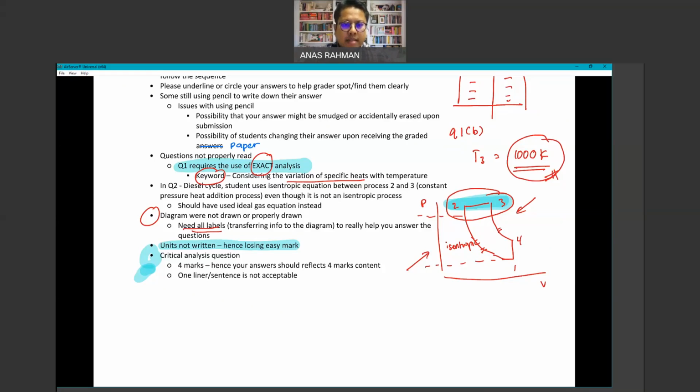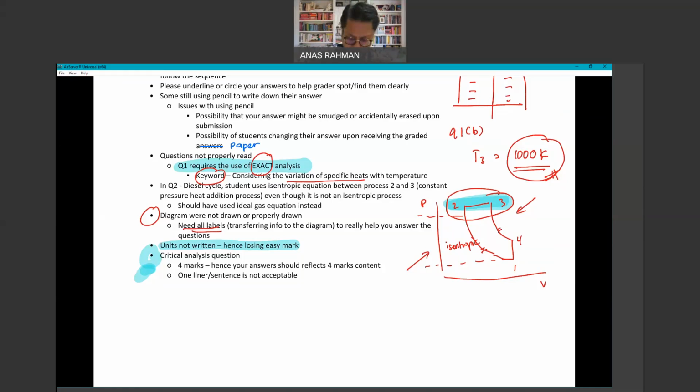Students need to relate how the given question in the critical analysis part can be used to address the issues that were given in the problem. So it's important for you to understand both the theoretical part, which usually is the fundamentals from the theory and from the textbook, as well as the calculation part.